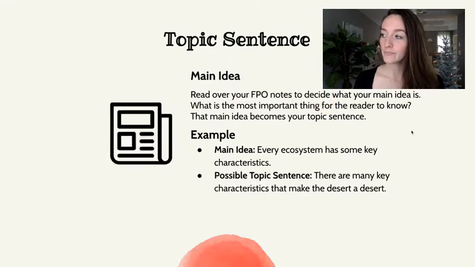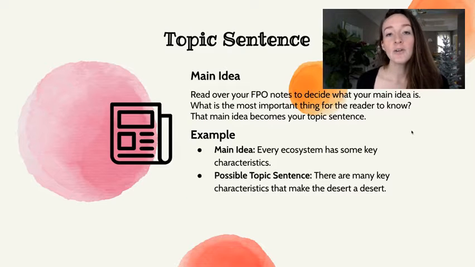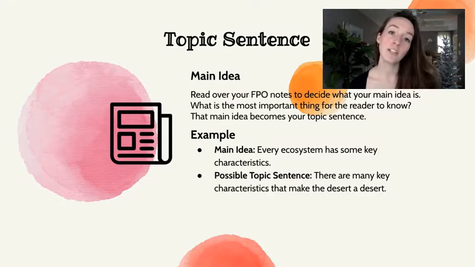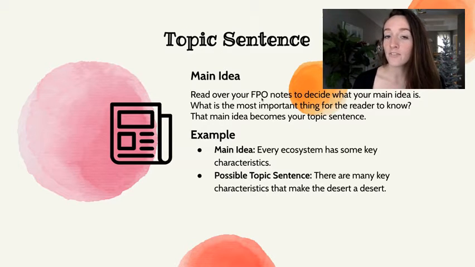So the first thing that you need when you are creating a draft for this ebook is your topic sentence. So main idea, we've learned about it, but you can take the main idea of your section and turn that into your topic sentence. So to do that, you will read over your final project organizer notes to decide what the main idea is for each section.